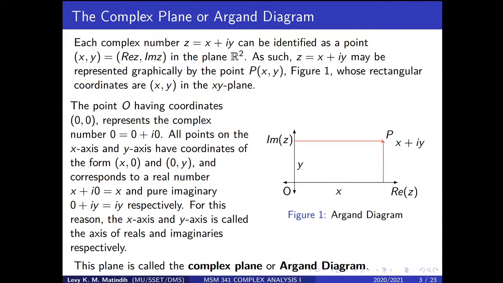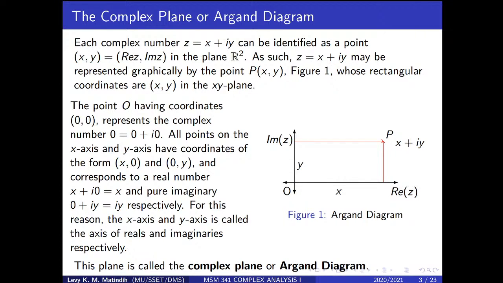And for the pure imaginary one, we have 0 plus iy, which is just iy. So along the x-axis we represent the coordinates by (x, 0), and along the y-axis, the imaginary axis, we represent them by (0, y).